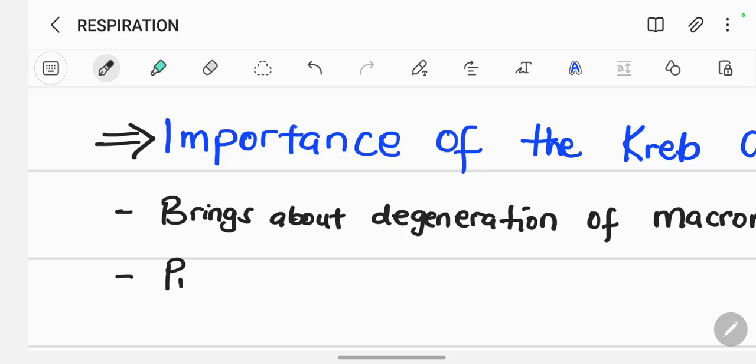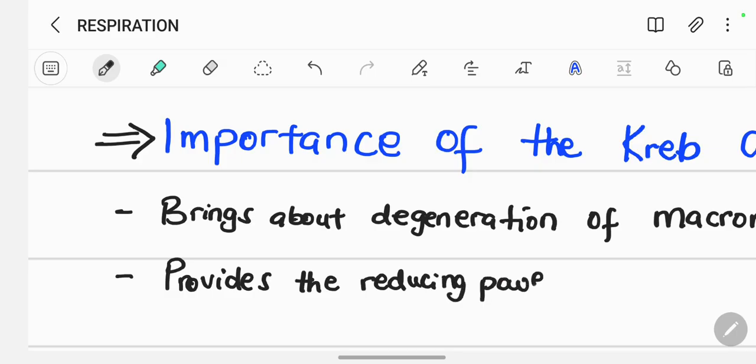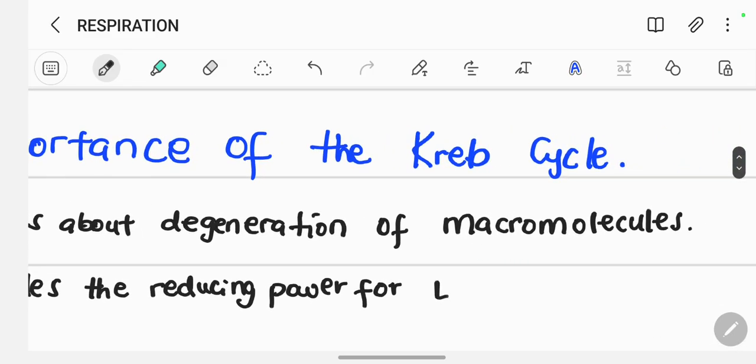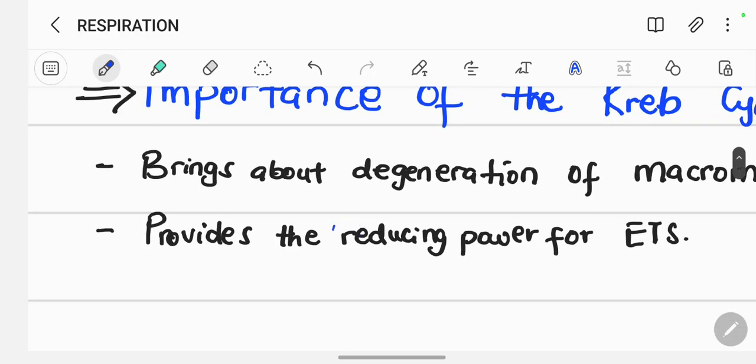What do I mean here? I mean that it provides the electrons.